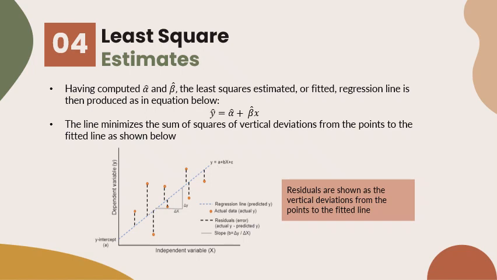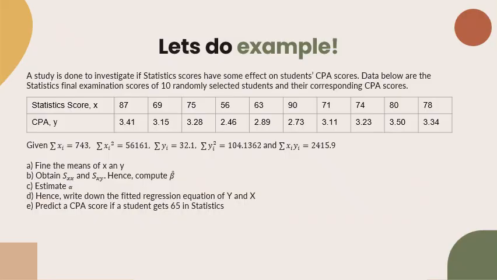The least square estimated fitted regression line is then produced as in the equation below: y hat equals alpha hat plus beta hat x, and the line minimizes the sum of the squares of vertical deviations from the points to the fitted line, as shown below. So this is an example of how the least squares estimates work.